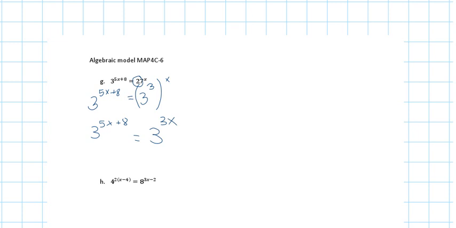Now, what do I do? Bases are the same. I can drop the bases, equal the exponents. So I have 5x plus 8 equals 3x. Right? In this case, if I move the 5x over, that becomes 3x minus 5x. So I have 8 equals negative 2x.